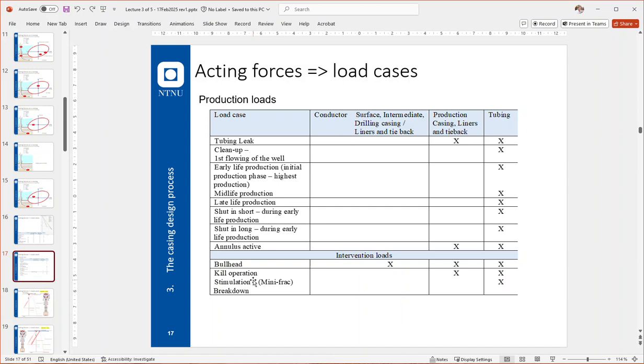Let me see. We are in kill operations, stimulations, mini frac. A mini frac is very often, call it an extensive leak-off test. Mini fracs are typically used as data input for a fracturing operation. In those cases, you pump, say, 5 cubic meters of fluid into the formation after you have broken it down.